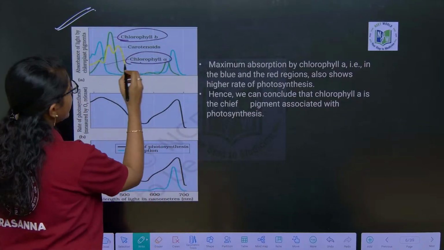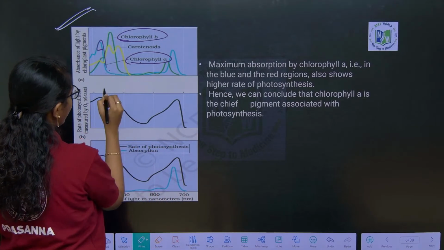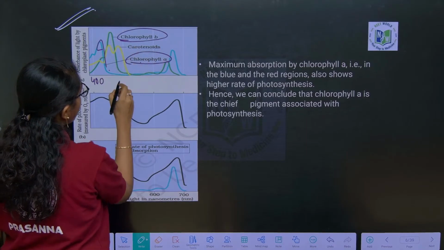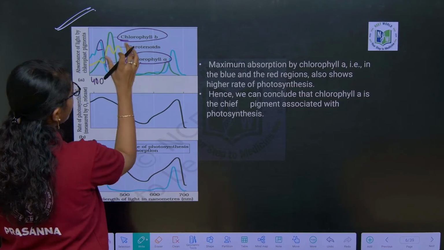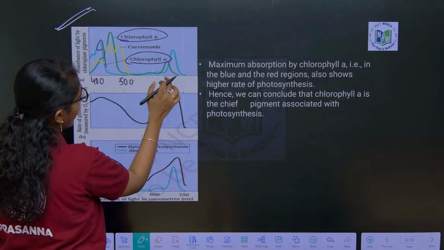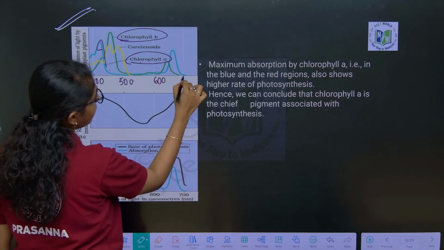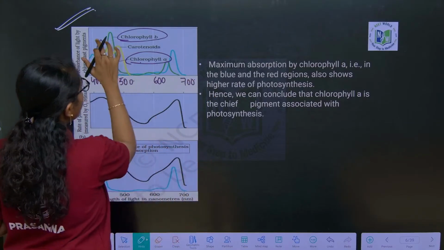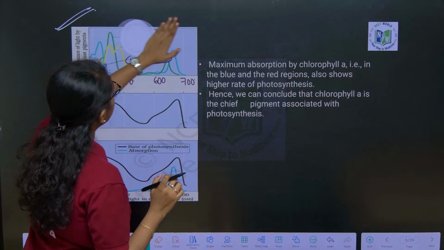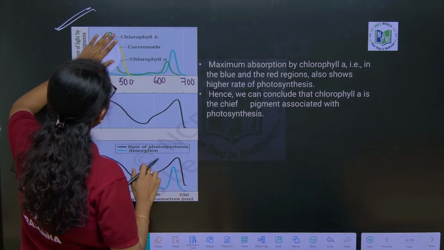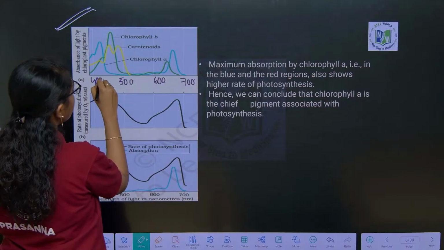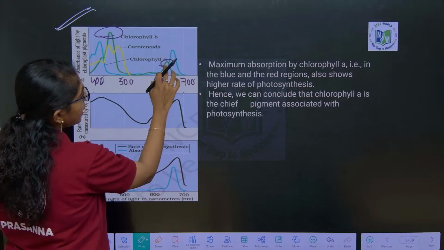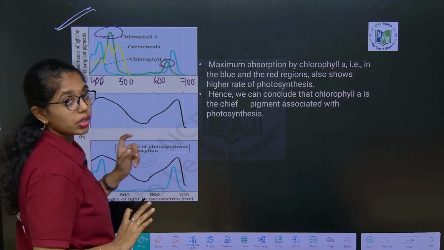Here, chlorophyll A can show two peaks: one peak between 400 to 500 nanometers and one more peak between 600 to 700 nanometers. If you look into chlorophyll B, there is one highest peak between 400 to 500 nanometers and one small peak between 600 to 700 nanometers.